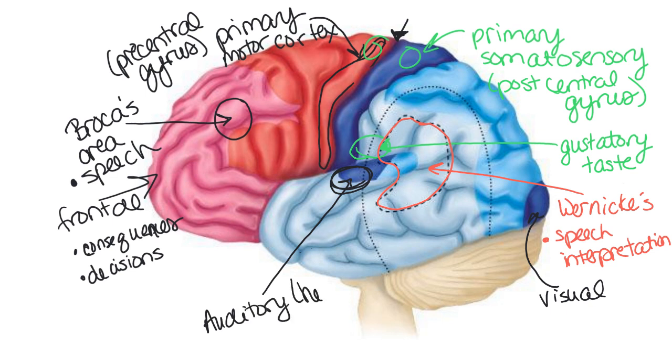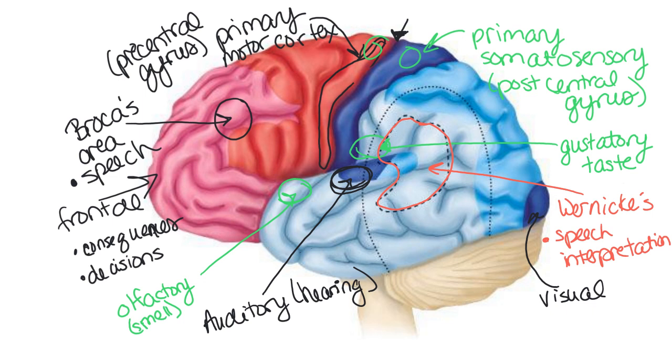Auditory is hearing, so this is where the information will come from your ears and it will come to this area of your brain to get processed. And then lastly, also in the temporal area, we have the olfactory area. Olfactory is smell. So the information from your nose is going to head to that olfactory area and get processed there.